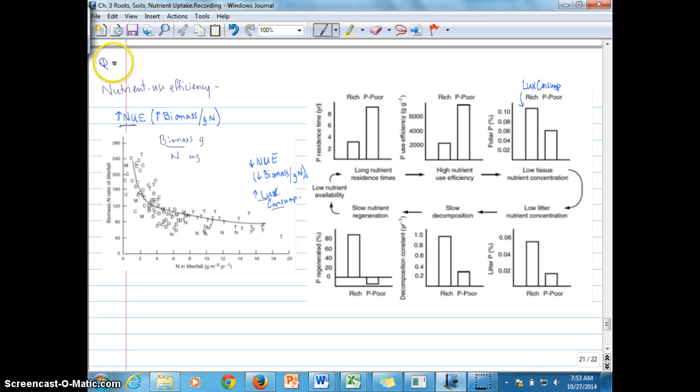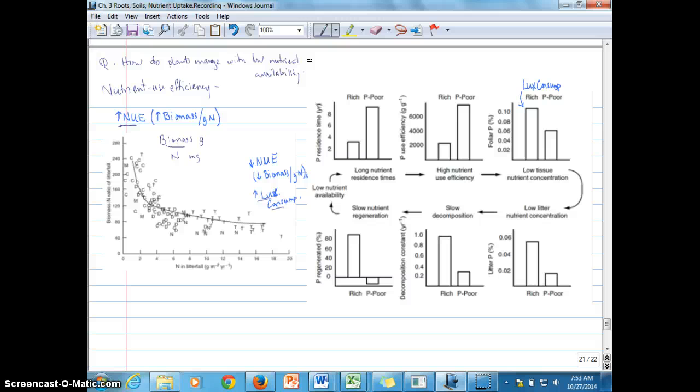So if we put this into a question for this topic here, how do plants basically manage or survive with low nutrient availability? And it's just basically an adaptation, whether it's short-term or a lifelong adaptation.